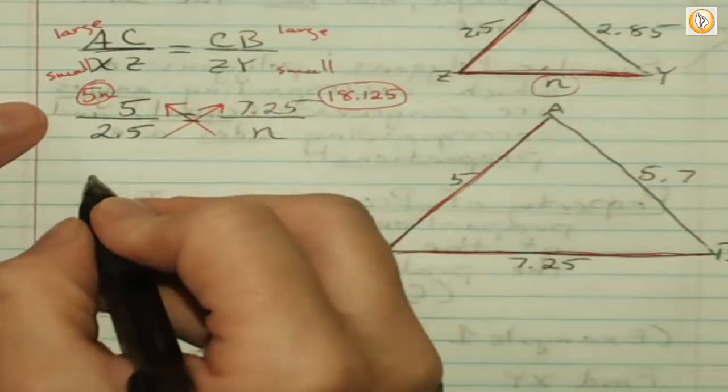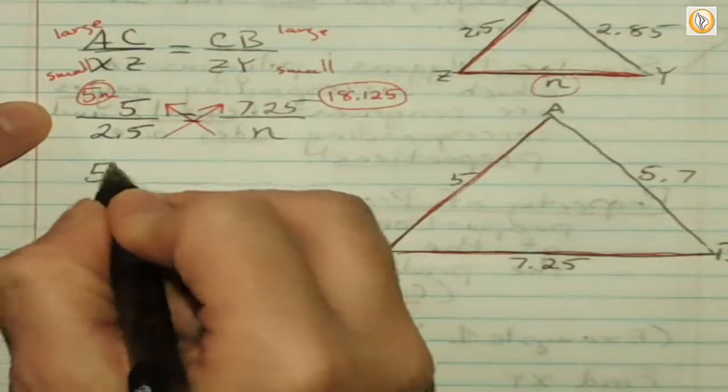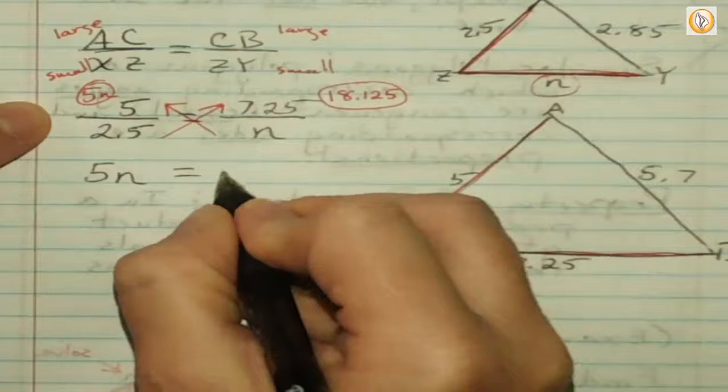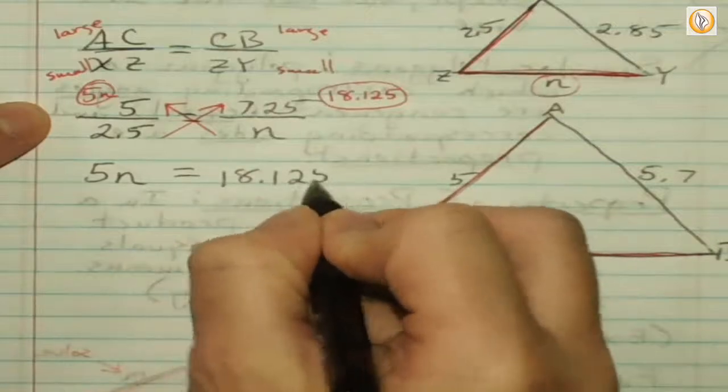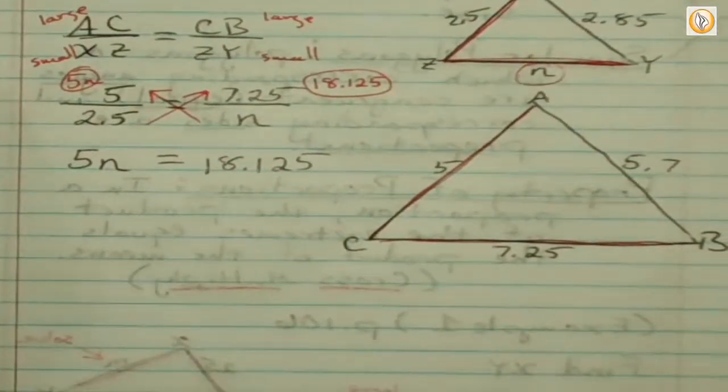So, Matthew, what do I write now? Write it out as like a problem. So 5N equals 18.125. Perfect. After you write that down, Matthew, tell me what I need to do.